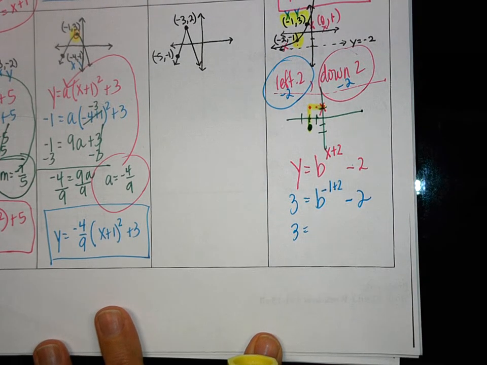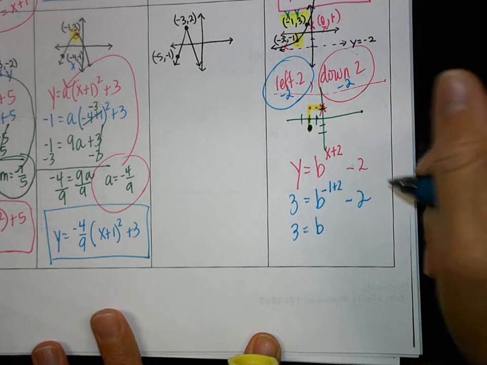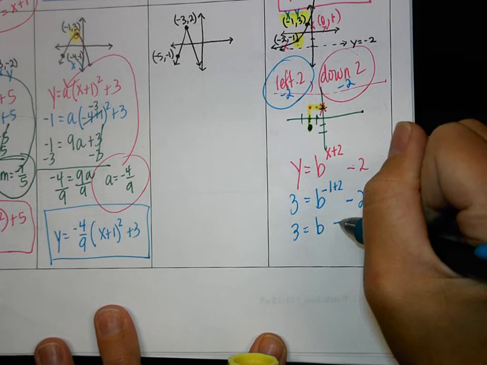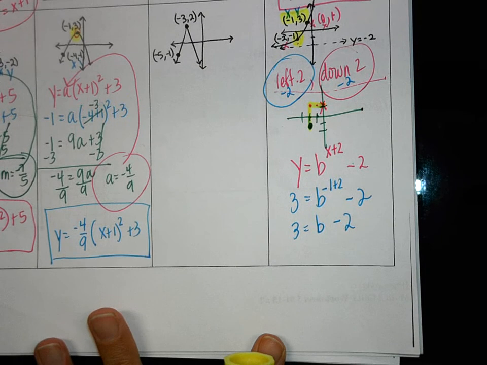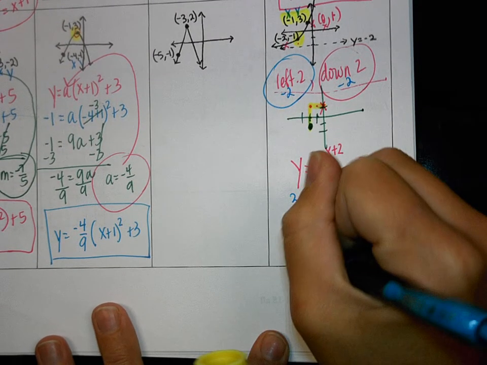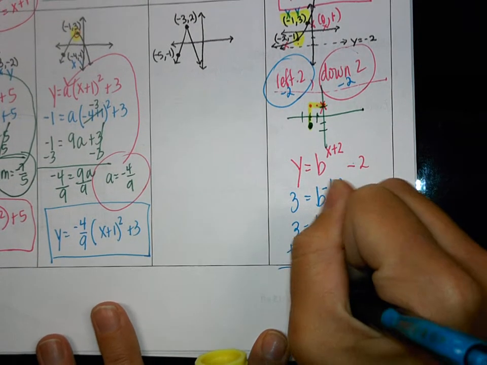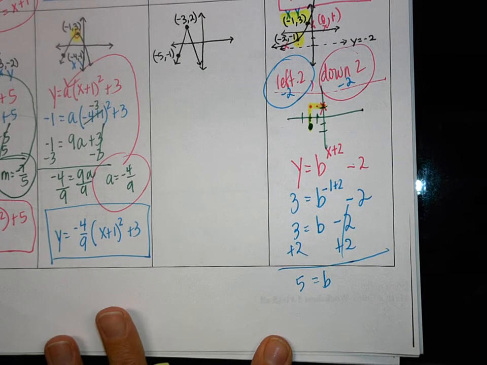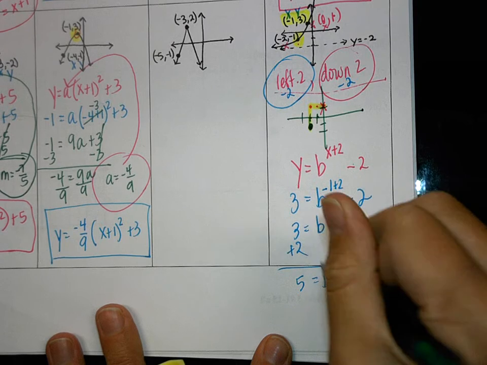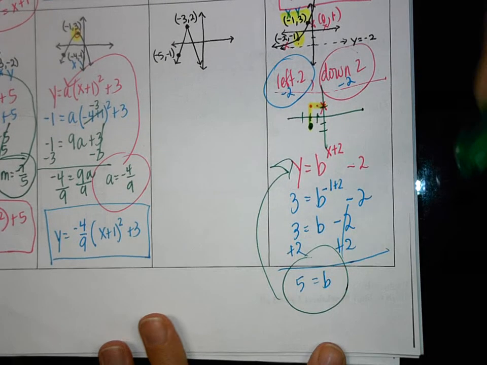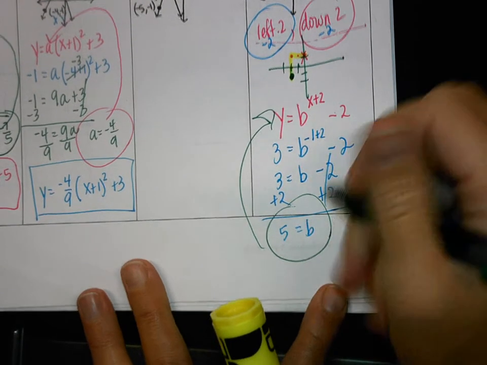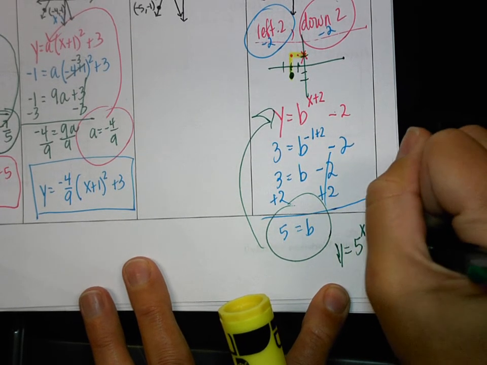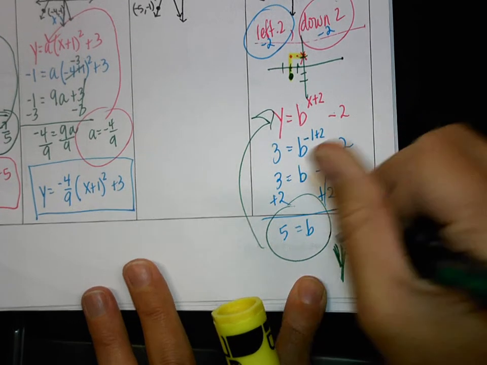I know, it was like a trick question, huh? Okay, so we have B to the first, or we could just write it as B. And then we have -2. And what do I do to finish solving that? Add 2 to both sides. And so we get 5 equals B. I don't have to write a 1 exponent, correct? So there's nothing more to do there except for to write our final equation. And so my equation for this problem will be Y equals 5 to the X plus 2 minus 2. Do we have any questions?